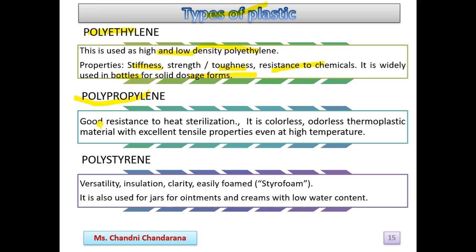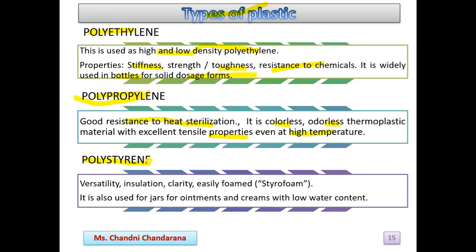Then polypropylene. It is good resistant to heat sterilization. It is a colorless, odorless, thermoplastic material with excellent tensile properties even at a high temperature. So it is very important.